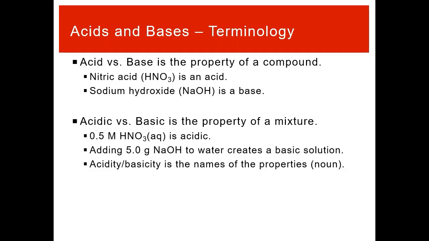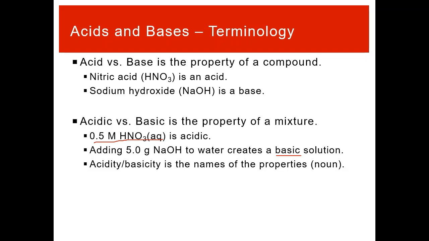So if you have a solution of nitric acid in water, that would be an acidic solution. If you dissolve sodium hydroxide in water, you create a basic solution. So those sorts of descriptions. Nitric acid is not acidic, it is an acid.